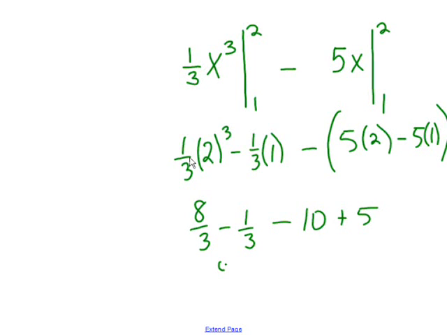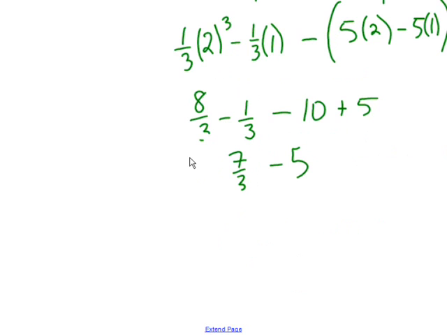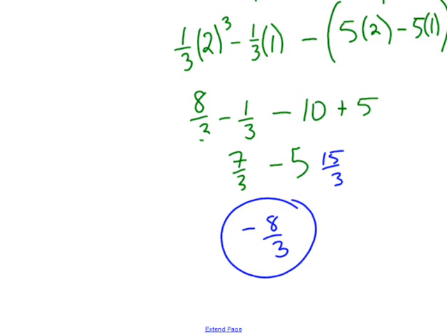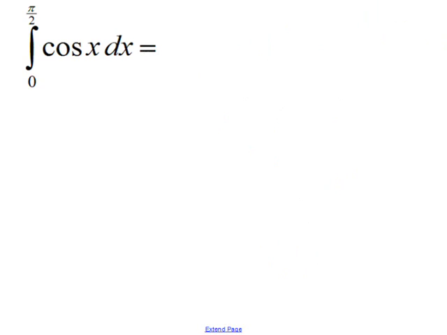So I have 7/3 here, minus 5. And if I wanted to put that together, this is the same thing as 15/3. And so I end up with a negative 8/3 as my answer. Okay, let's try another one.